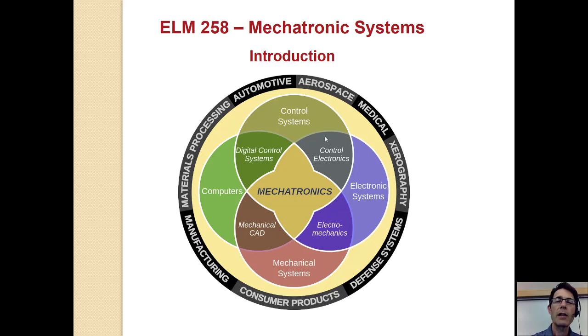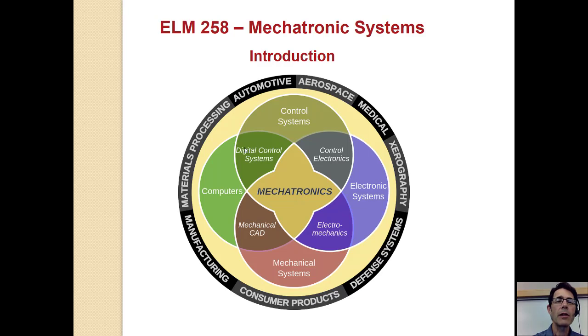And all that gets connected back to some kind of controller. So we have control systems like a programmable logic controller or a microcontroller. Those are different types of control systems that can be programmed to do very sophisticated sequences and processes.